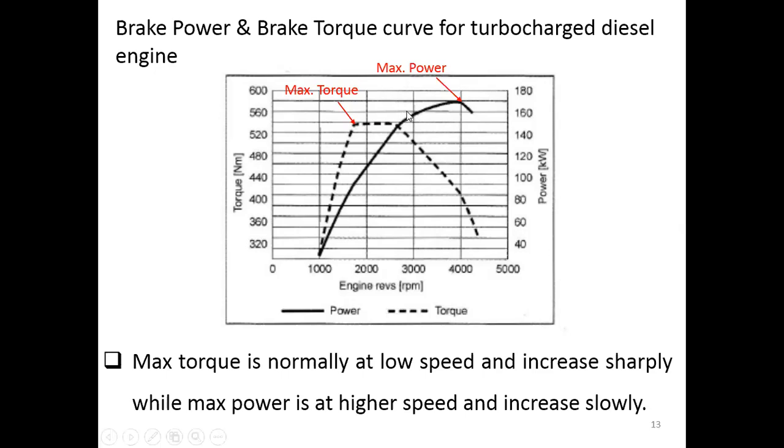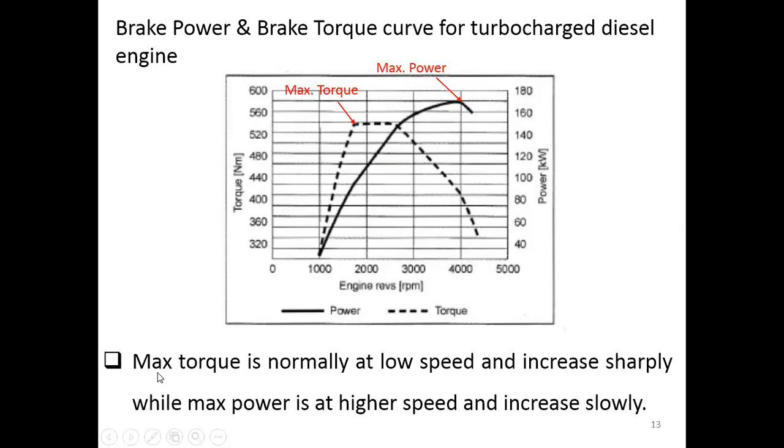And when it runs, we want it to run at the maximum speed as high as it can. On that condition, we have to look for maximum power. So maximum power comes after, maximum torque comes first.